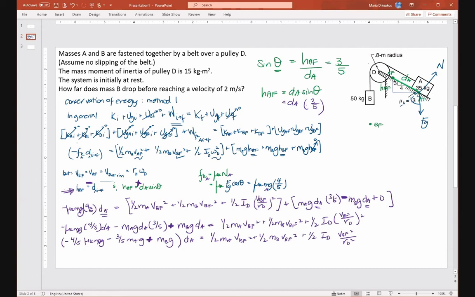So do we have an answer of what's in front of dA? You should be getting something like 202. Now, mg is a force, so 202 newtons, or if you want to keep it in kilograms meters per second squared, that's fine too.